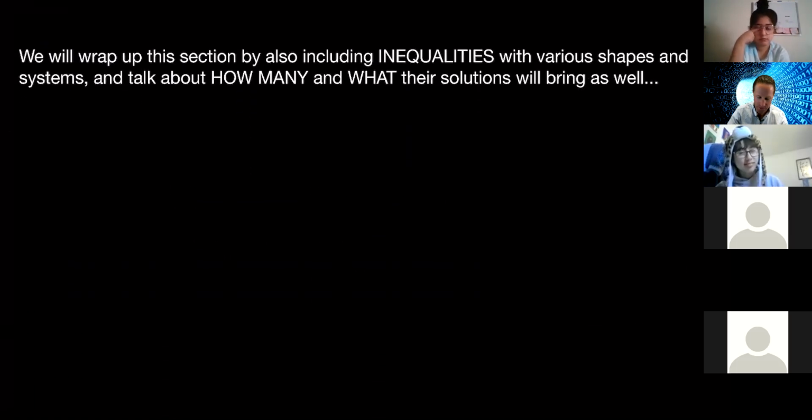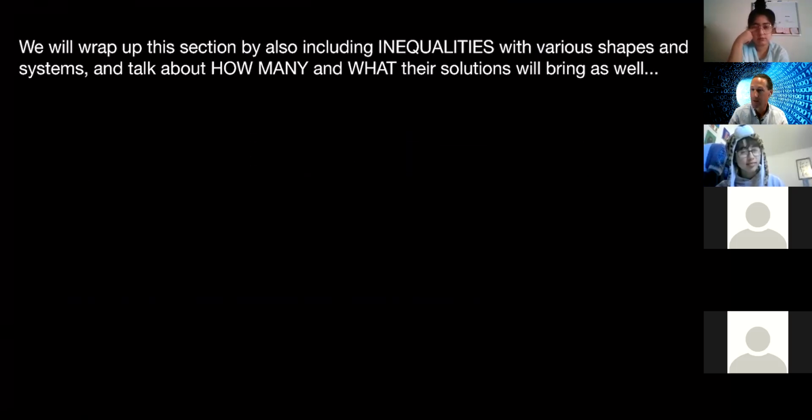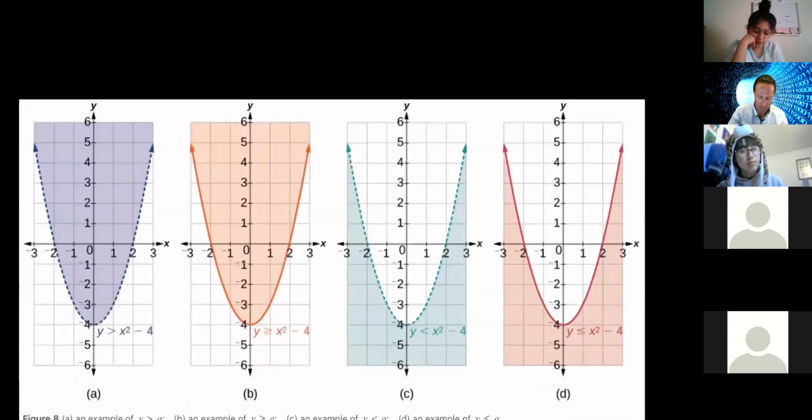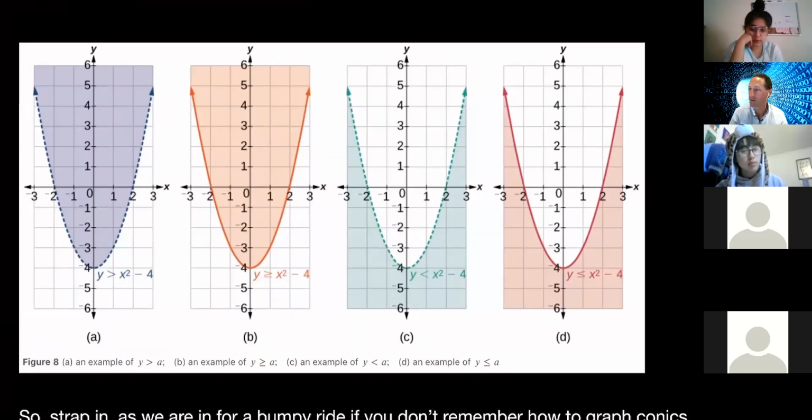So, not a whole lot is going to change how we attack it, but the inequality stuff will be a little bit different. Okay? So, let's say we had a parabola, which we worked on graphing a while back, right? If it's strictly greater than or less than, remember these are going to be like those border lines, but now it's that parabolic shape. Okay?